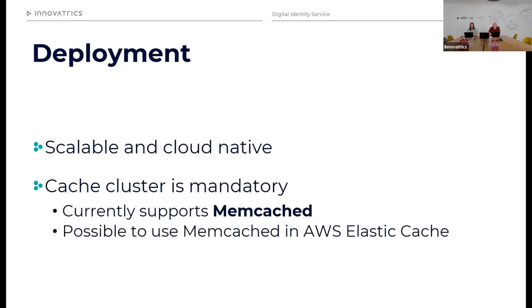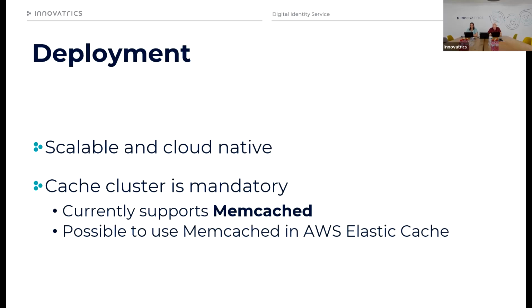With the deployment, the digital identity service is, as I mentioned, cloud native and scalable. So the Docker is suitable for the cloud. What is important to mention is that the component uses a cache cluster. Currently, it's Memcache, so you have to install this together when you're installing the component.